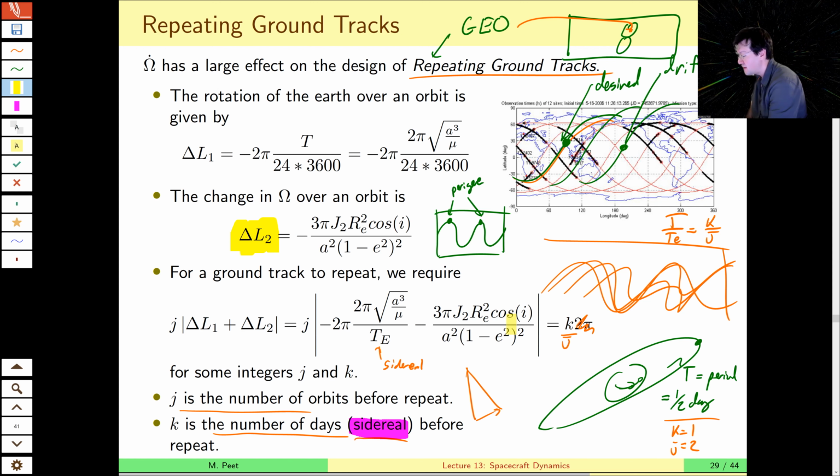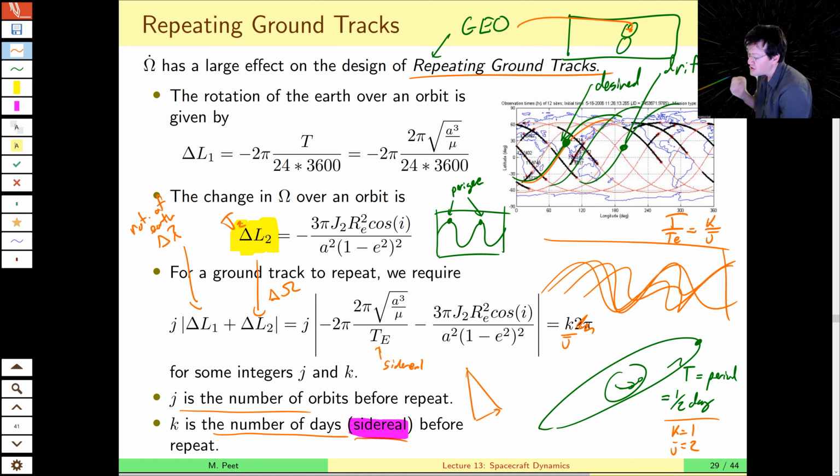So this is change in right ascension, and this is basically change in those longitude lines. So this is rotation of the Earth, and this is what we've been talking about, J2 perturbation.